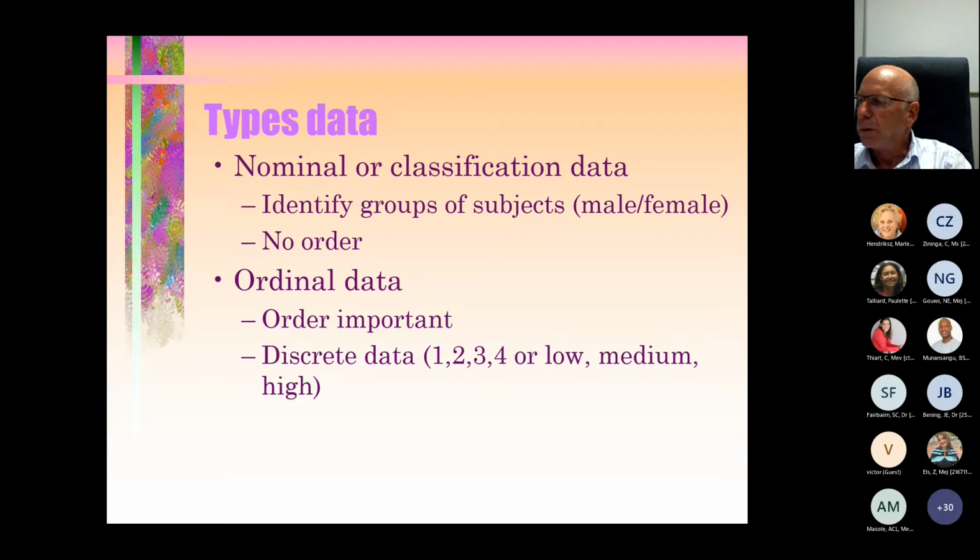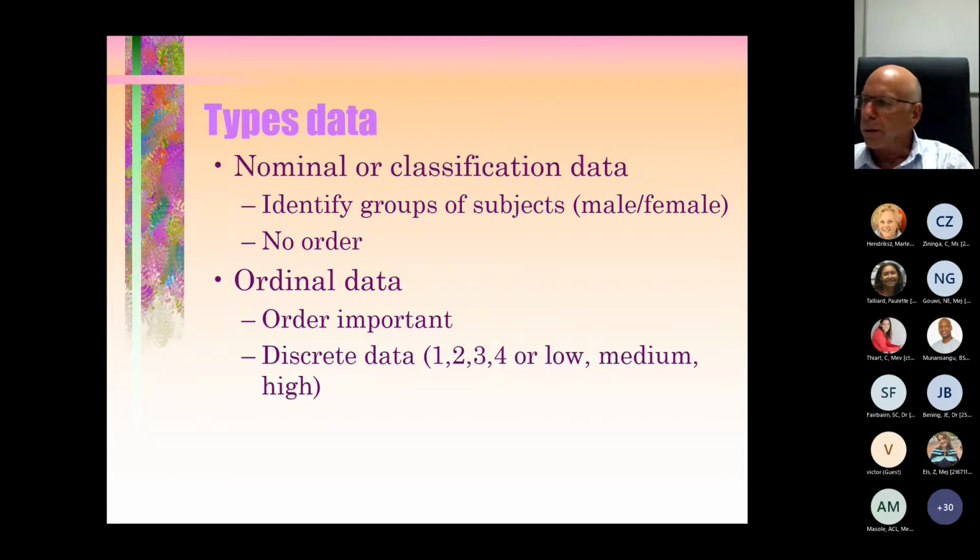If you have, say, a Likert scale response that can be low, medium, or high, then it has these discrete outcomes, but the order is important. In a low, medium, or high outcome, the low always comes first, then the medium, and then the high. And again, one would like to use that information when you do the statistical analysis.